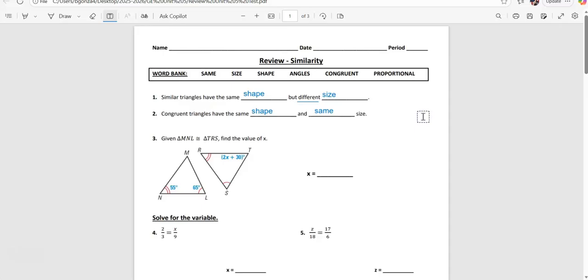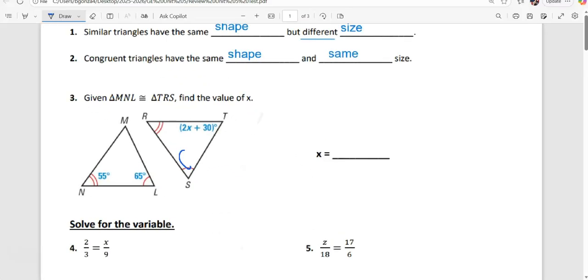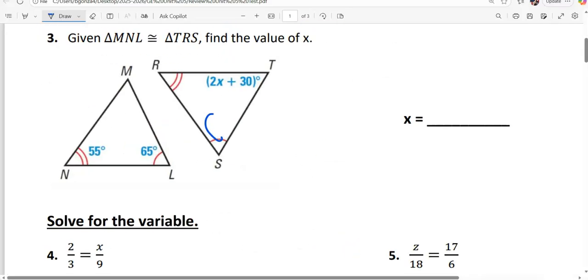Cool. Number three, we have a congruence statement here. If we know these angles are congruent, if this is 65, then this is 65. One arc to one arc.